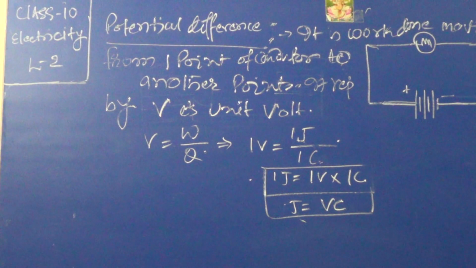Potential difference between 2 points of a current carrying conductor is 1 volt when 1 joule of work is done by moving 1 coulomb of charge from one point to another point. 1 joule of work.